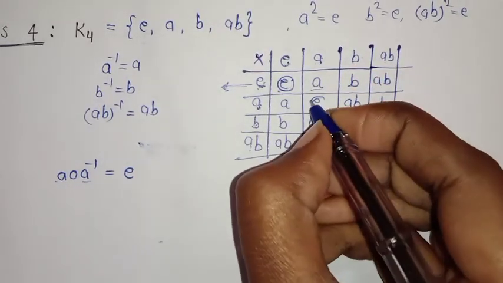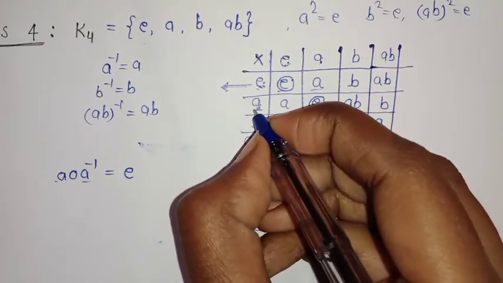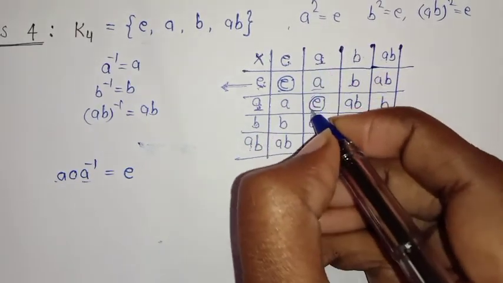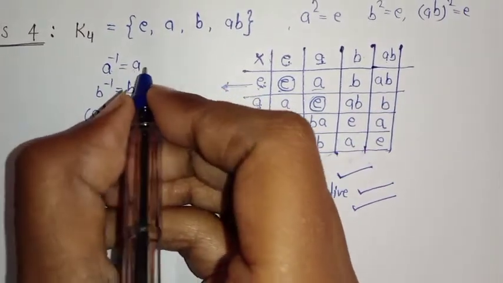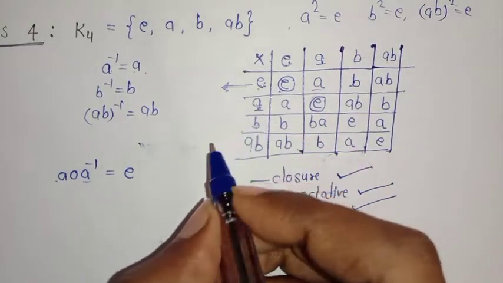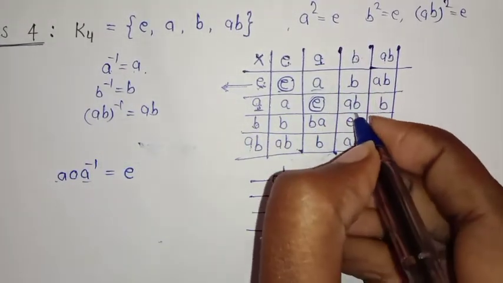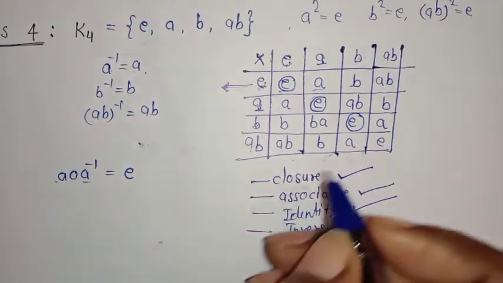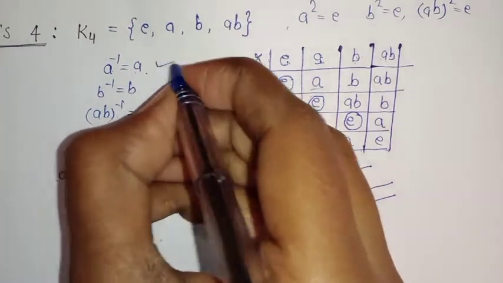And when we multiply A with A, we get identity. It means that the inverse of A is A. Again, if you see the case of B, when B is multiplied with B, we get identity. So B inverse is equal to B.